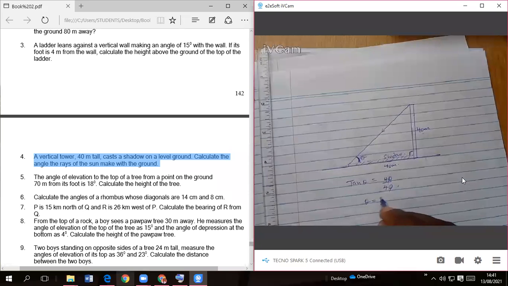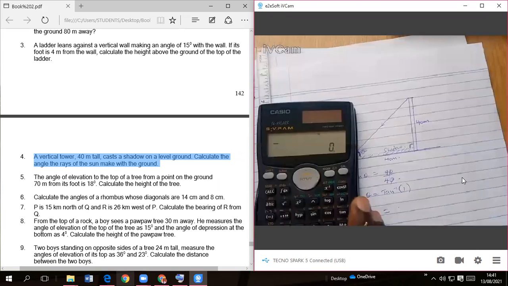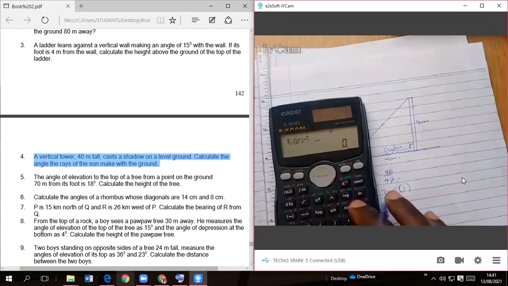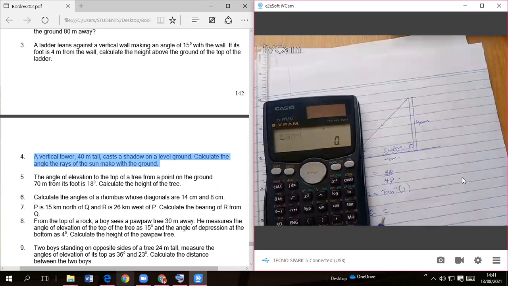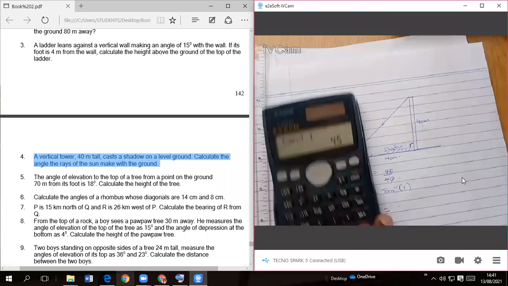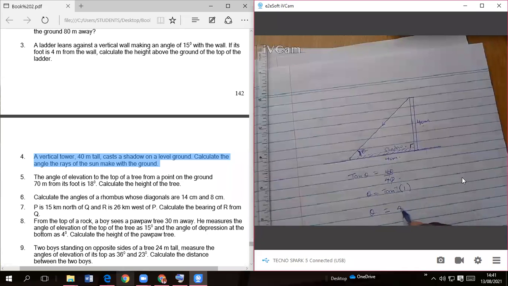So theta equals tan inverse of 1. Press shift, tan inverse of 1, and press equals. You get 45. So the angle is 45.